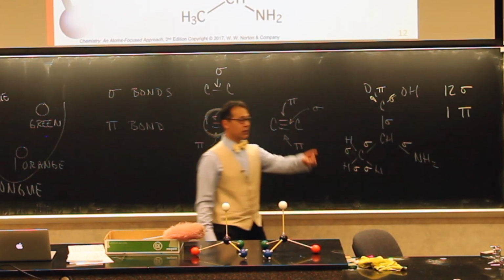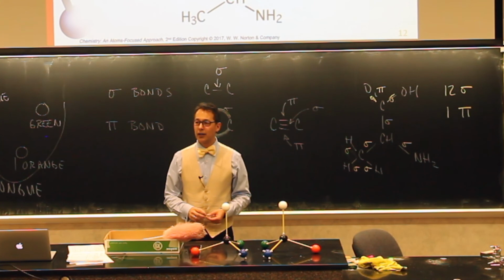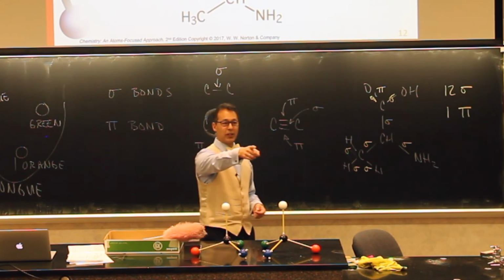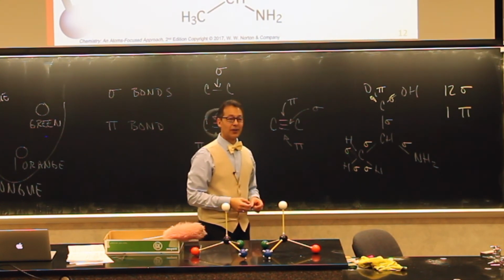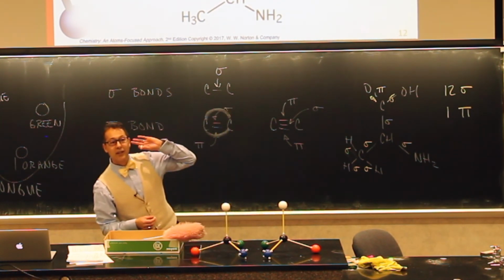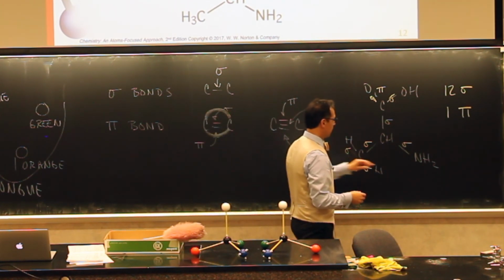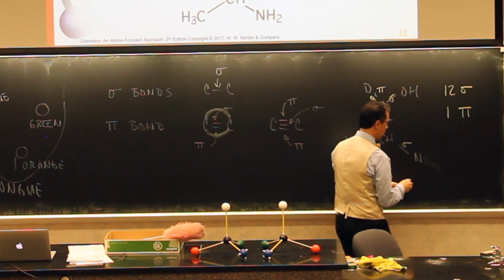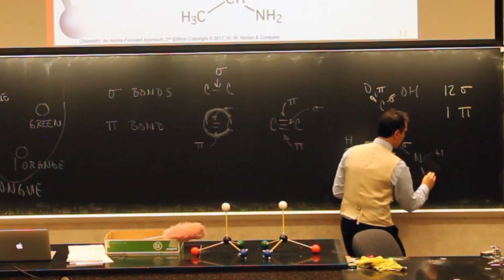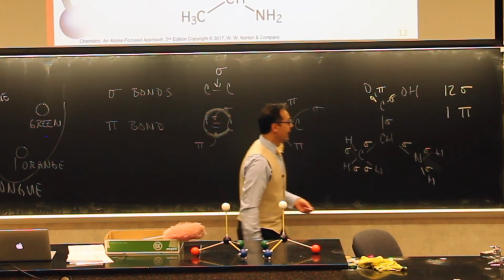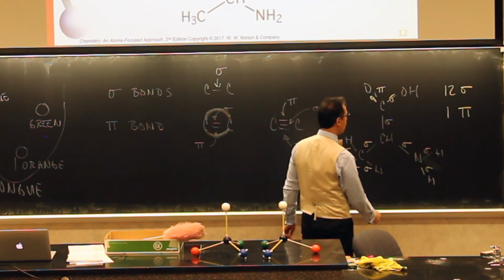Okay, so sigma bond, sigma, sigma. So now we've got 1, 2, 3, 4, 5, 6, 7, 8. We're 4 short. You were correct. We need a couple more. Where are they? Between the, here? Yep. Okay, so there's some hiding in here. We're going to have a couple here like this. So here's some sigma bonds, and that gets us to 8, 9, 10.